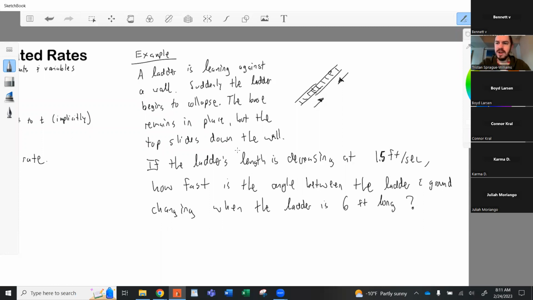I think I just realized I need to add in a piece of information right up here. Let's say that the base of the ladder is 4 feet from the wall.